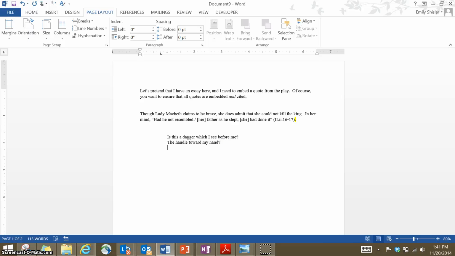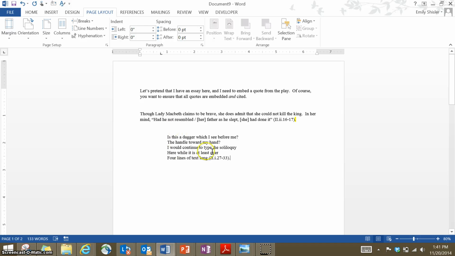And so in that way, I would continue to type the soliloquy here while it is at least over 4 lines of text long. I would still use the same parenthetical citation at the end of it. Act 2, Scene 1, lines whatever to whatever, because of course I just made this up.